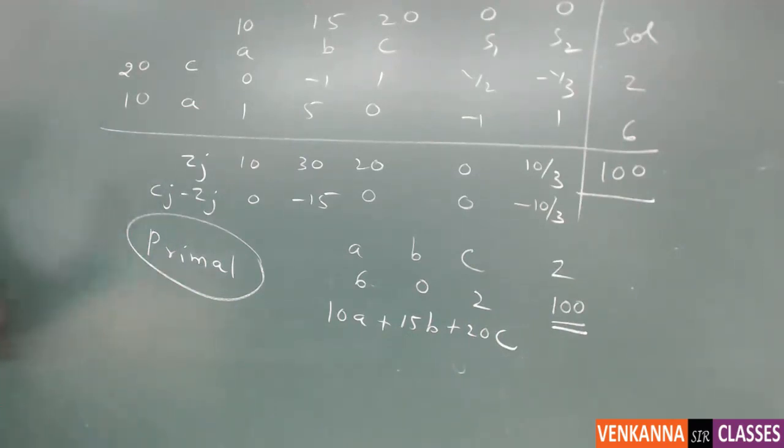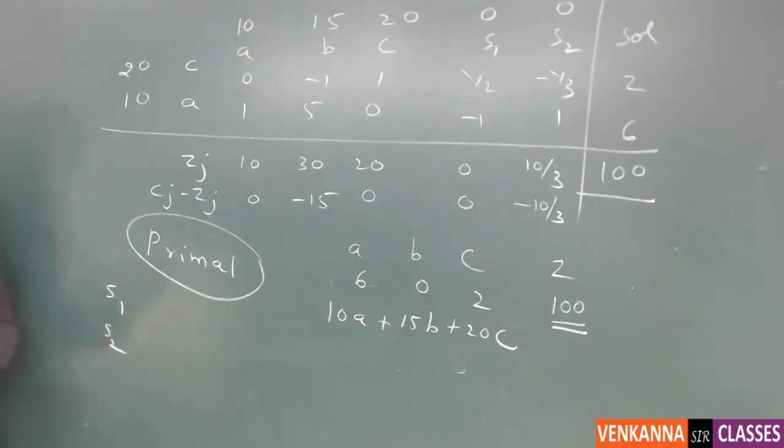In the first simplex table, what are the variables we are considering to perform iterations? S1 and S2, isn't it? After writing the dual, in building the simplex table, we are performing iterations using S1 and S2. Accepted to all? Yes or no?